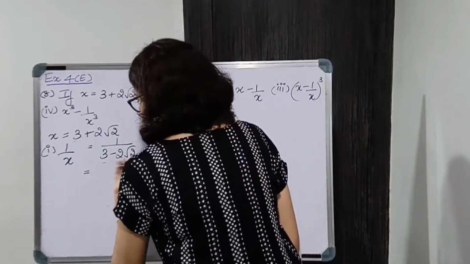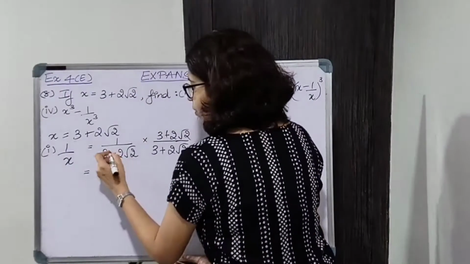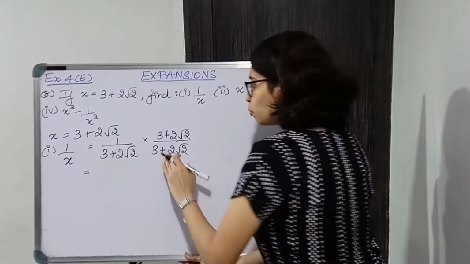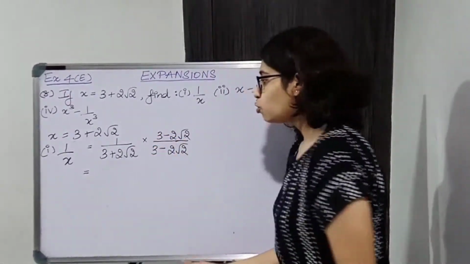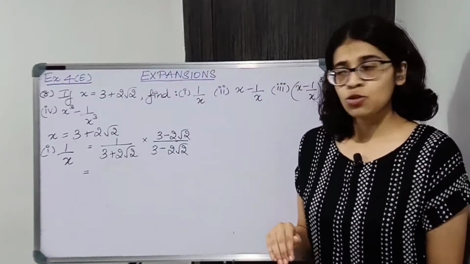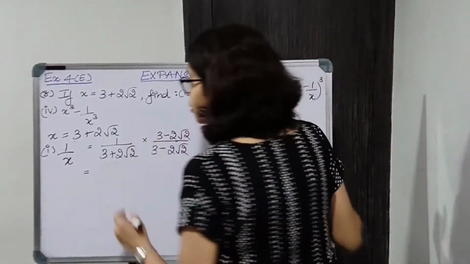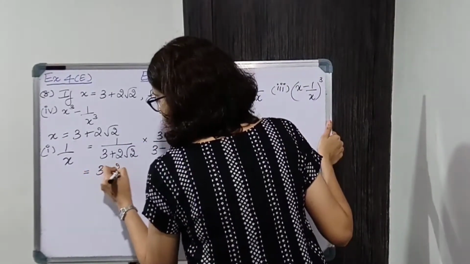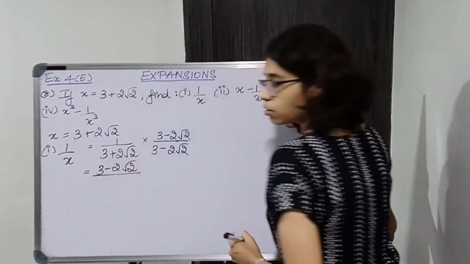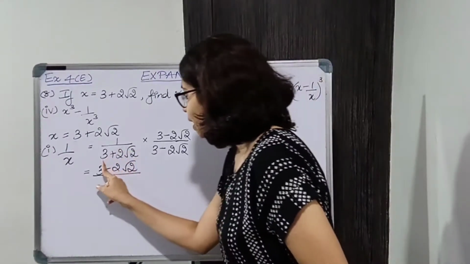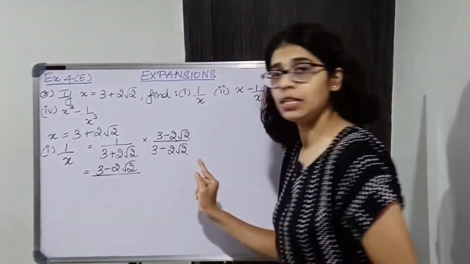So now we have 3 plus 2 root 2, so we'll multiply and divide by 3 minus 2 root 2. 1 into 3 minus 2 root 2 will give 3 minus 2 root 2 upon, this is of the form a plus b into a minus b.